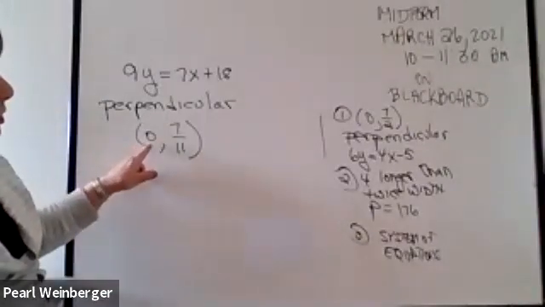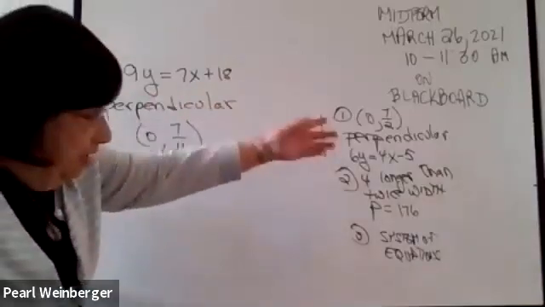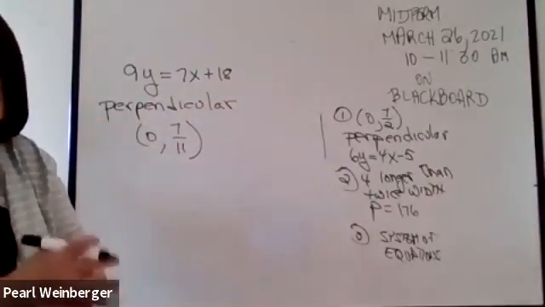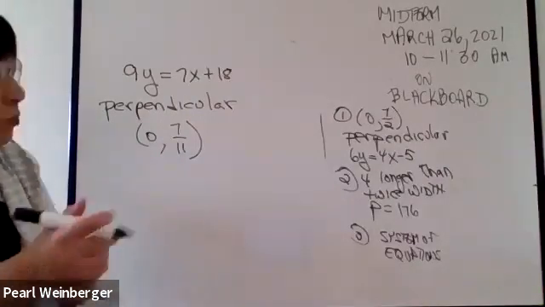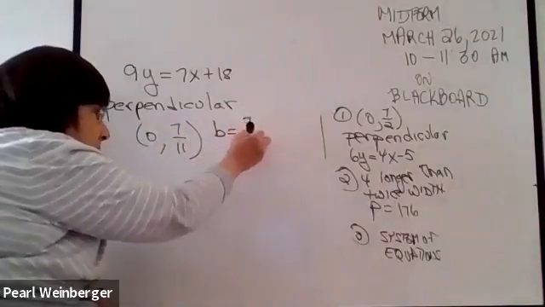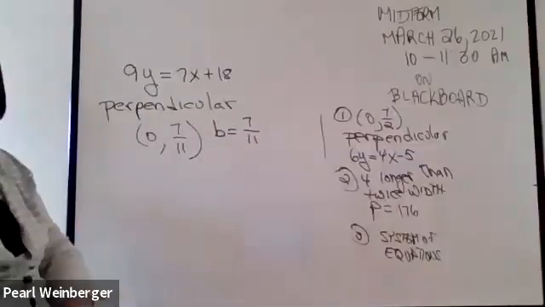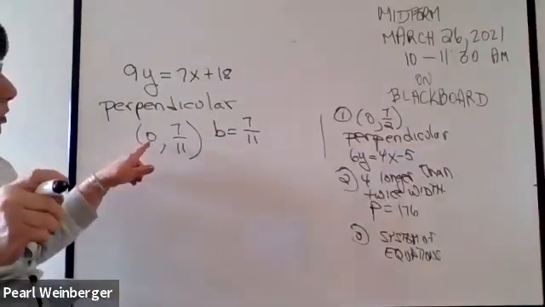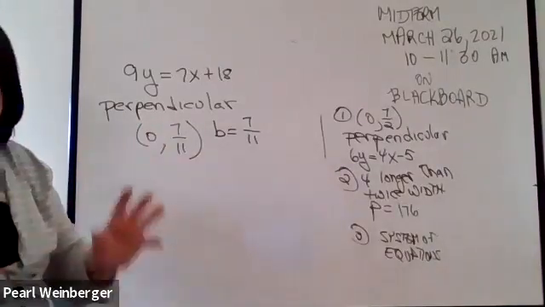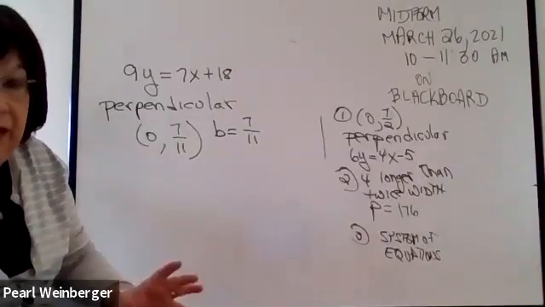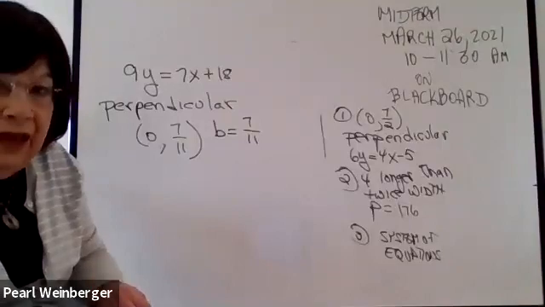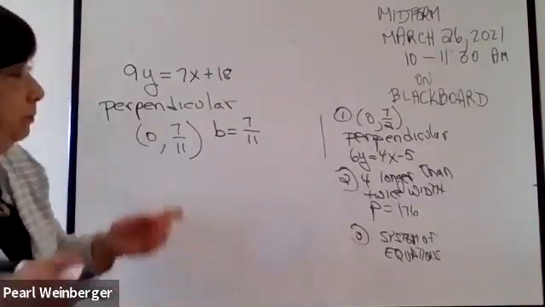So when they tell you it's going through the point (0, 7/11), they're telling you that your b is 7 over 11. If they had told me the point is (1, 7/11), I couldn't say that.